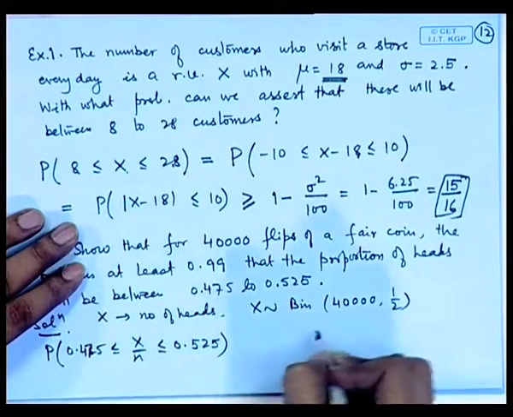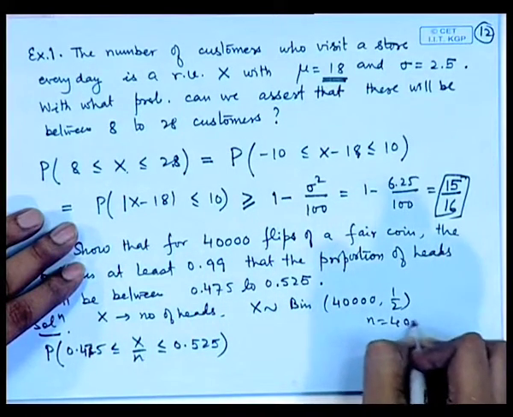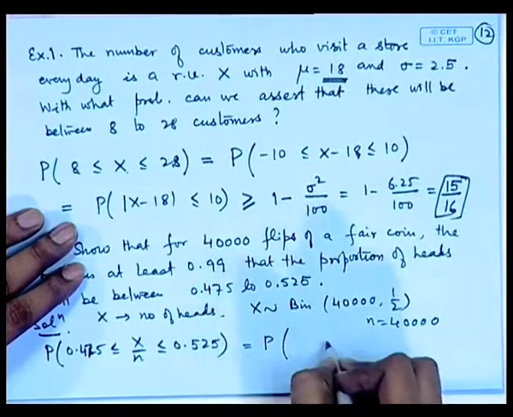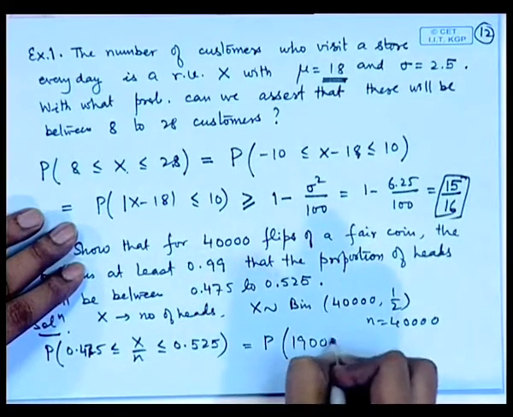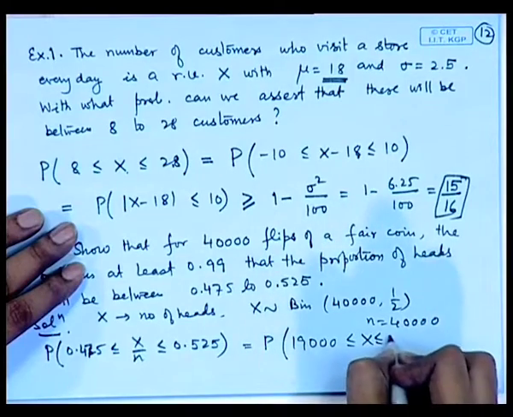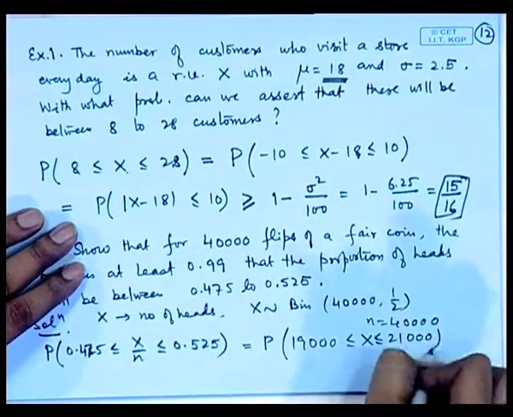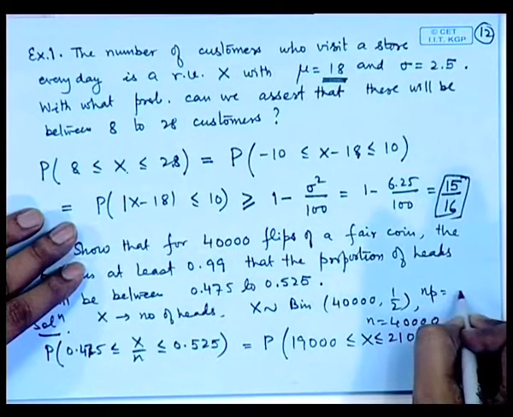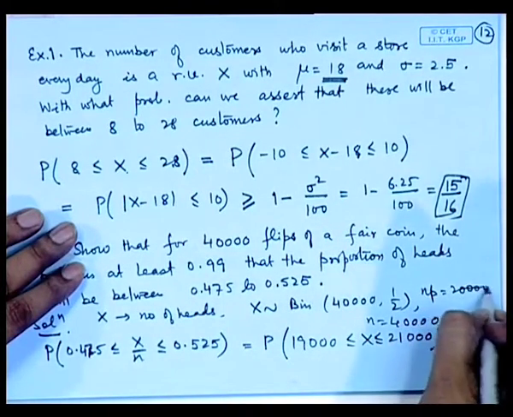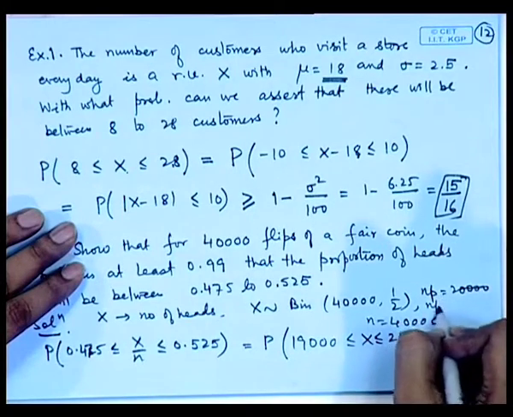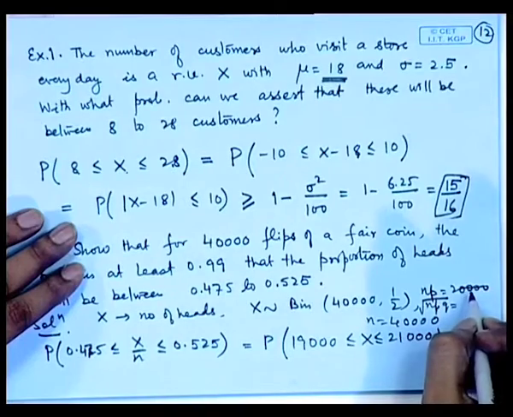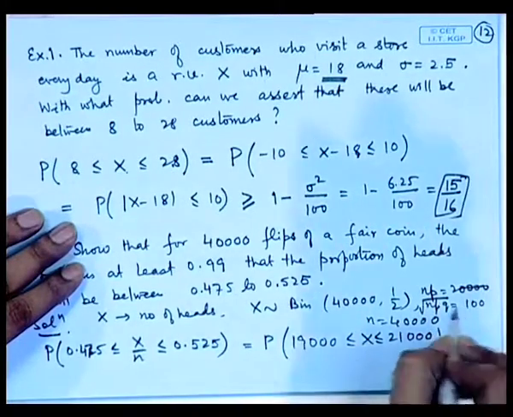Now, n is here 40,000. So, this is equal to probability that x lies between 19,000 to 21,000. Now, here mean of this distribution is n p, that is equal to 20,000 and the standard deviation is square root n p q, which is 100.